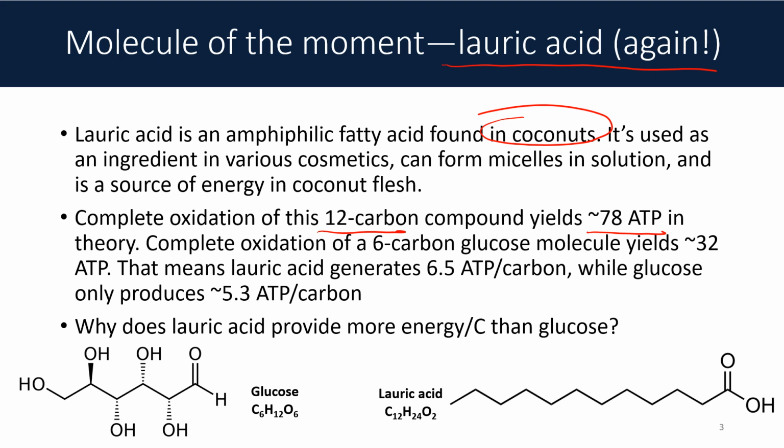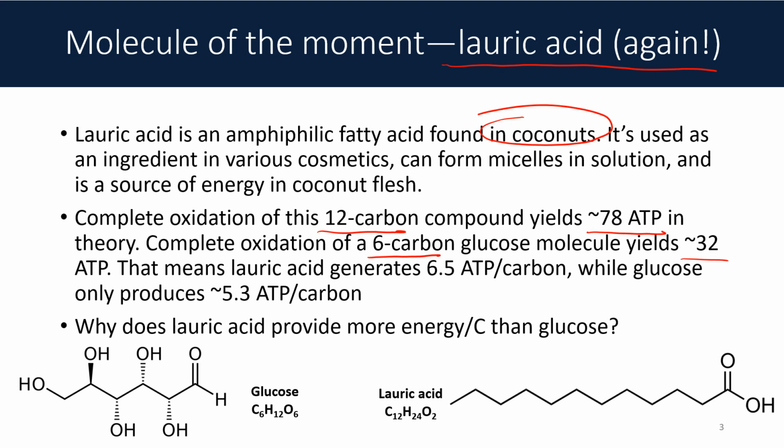And what we just learned in cellular respiration, that glucose, a 6-carbon compound, is going to yield about 32 ATP molecules max, which is considerably less than what lauric acid has to offer.